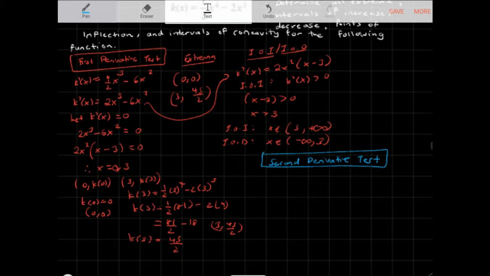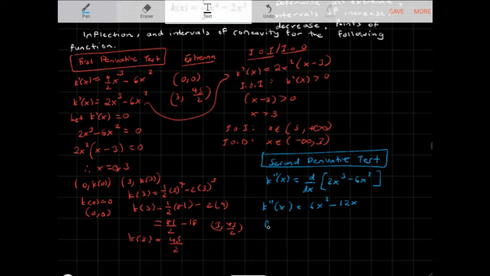For me to do my second derivative test, I need to first find the second derivative. So I'm going to find k double prime of x, which is the derivative with respect to x of k prime of x. So from 2x cubed minus 6x squared, you basically get k double prime of x is equal to 6x squared minus 12x. Okay, so that's your second derivative function.